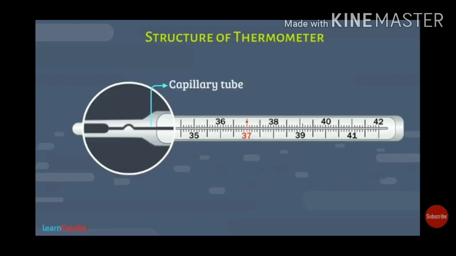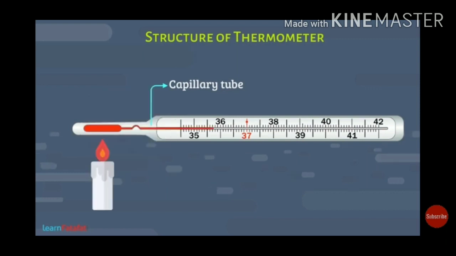Students, you can see here a circular part of this clinical thermometer. In this circular part, a narrow tube which is filled with grey colored liquid is known as the capillary tube, and this grey liquid is mercury.